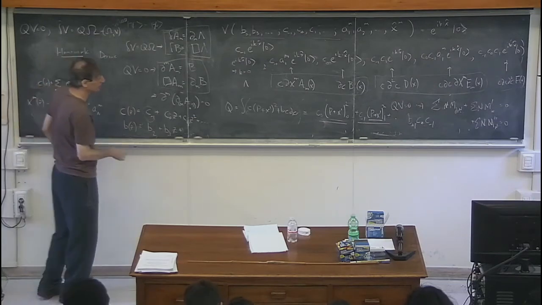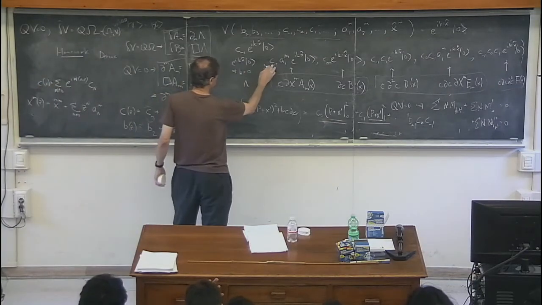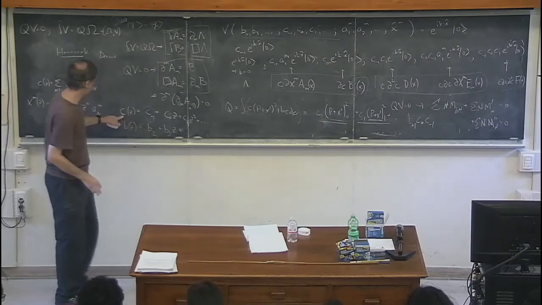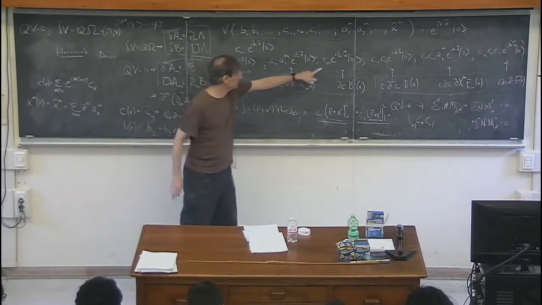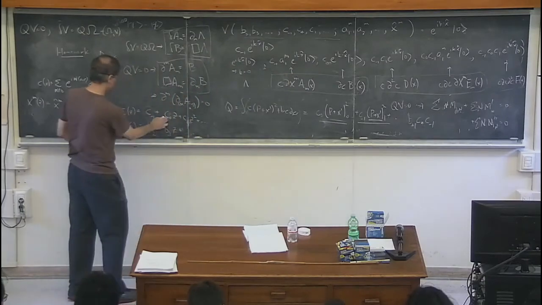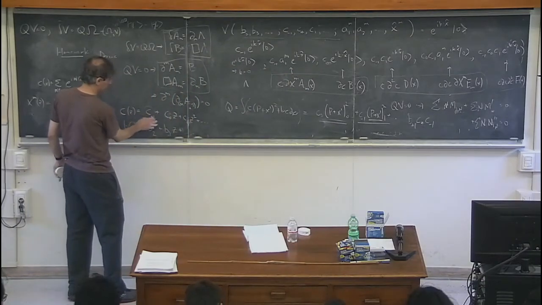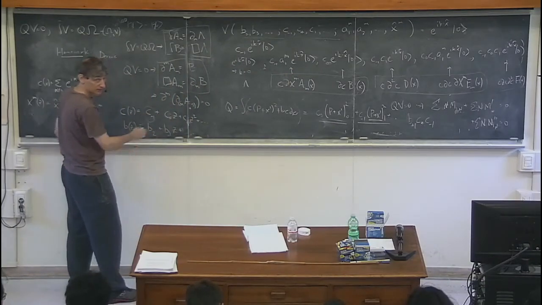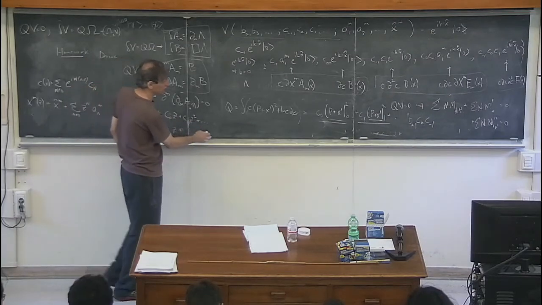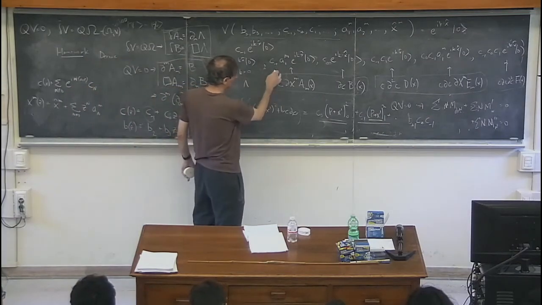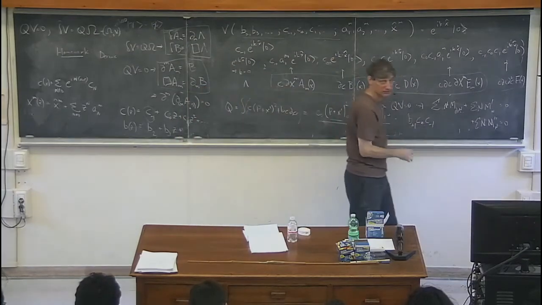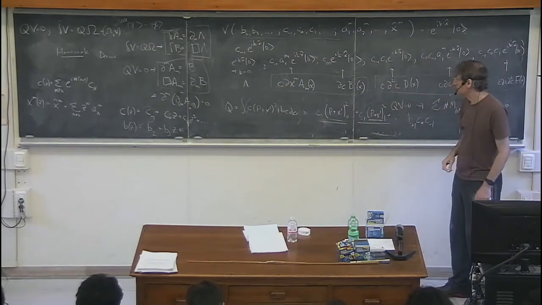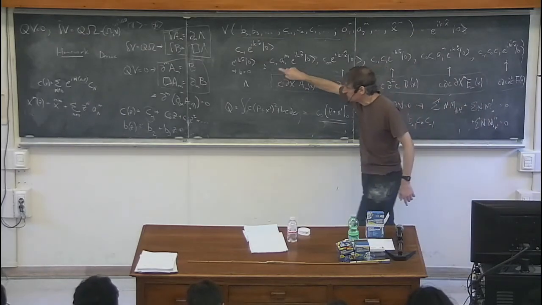So C minus 1 is just the value of the ghost field C at z equals 0. C0 is just the derivative of it. So if I just take d/dz of this, and obviously this term drops out, and I just get C0. If I take the double derivative, I get C1, etc. So that tells me how I go from these modes to these operators here, defined at z equals 0. So similarly for dx, a1 is just the derivative of this with respect to z.